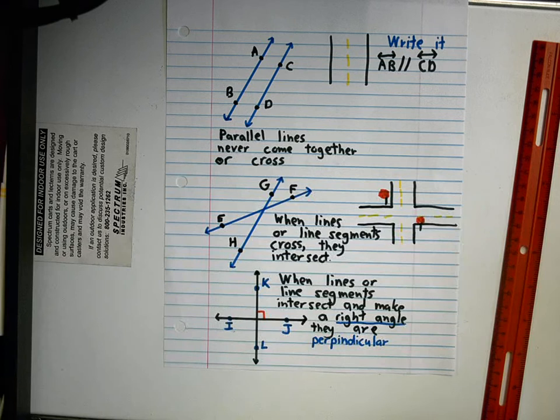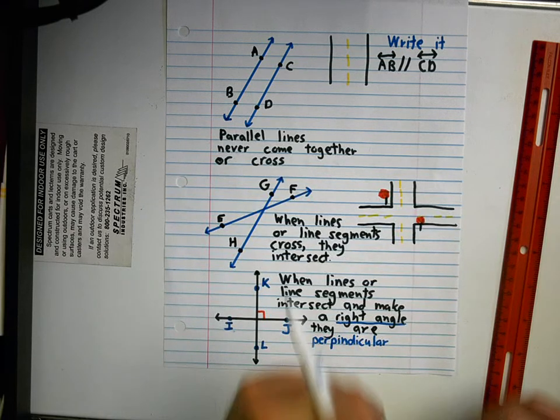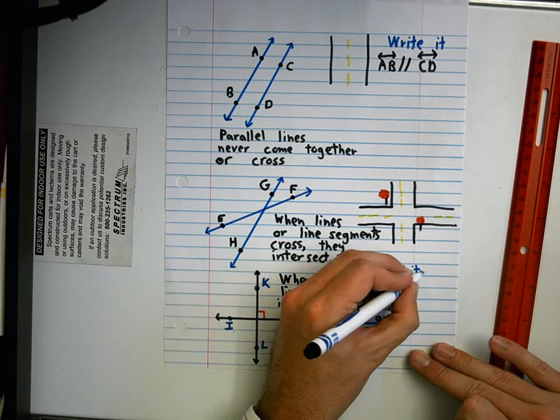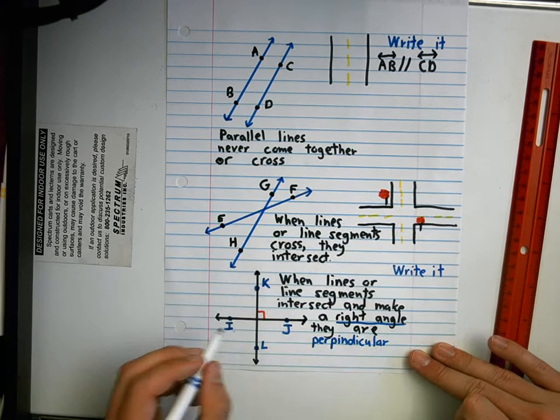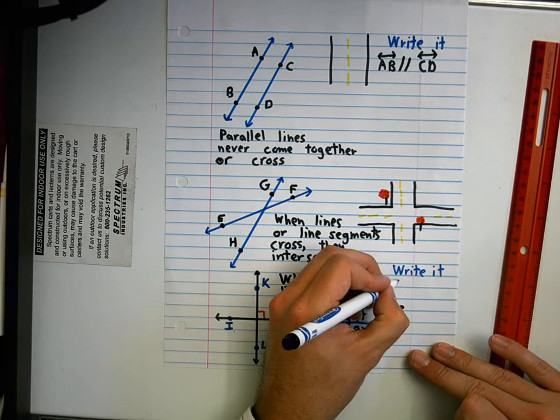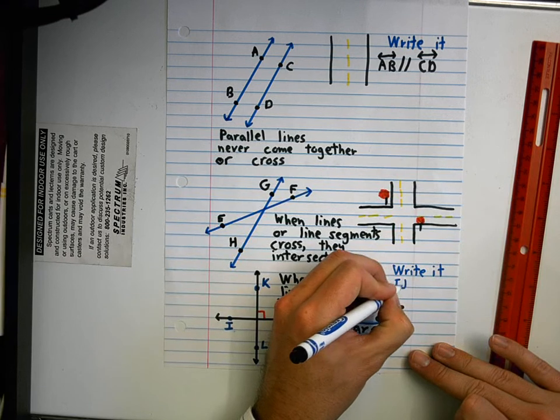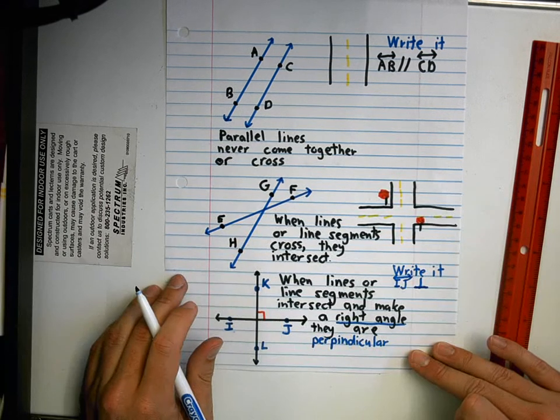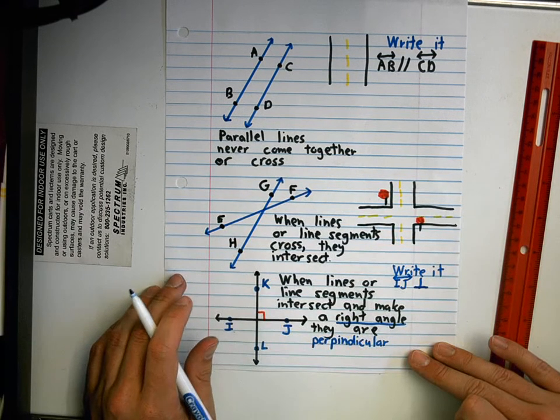Okay? Now, here's how we write it. We will say that line IJ, I make sure that's a line, is perpendicular. It's like an upside down T. It's perpendicular to line KL.